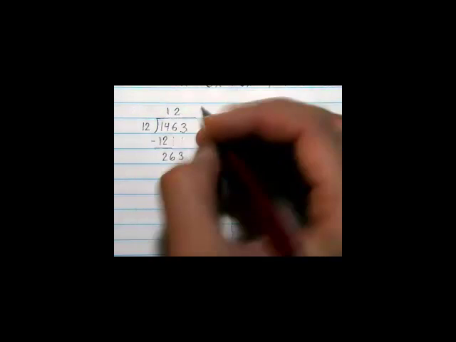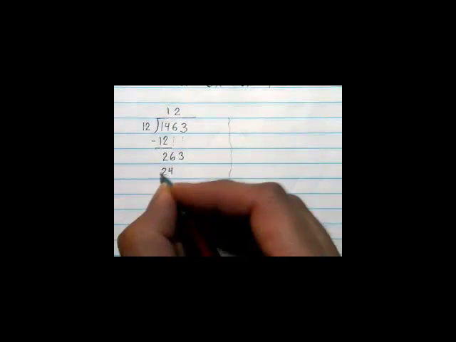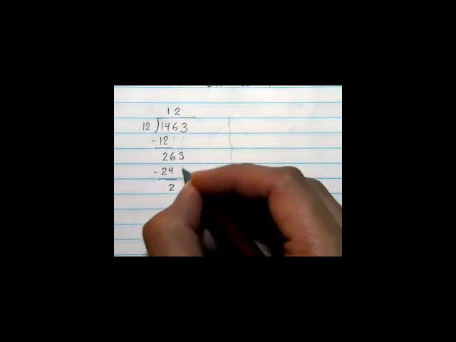How many times does 12 go into 2? Can't do that. Okay, how many times does 12 go into 26? 2 times. So 2 times 12, 24. Subtract those. I've got 2. Bring down the 3.